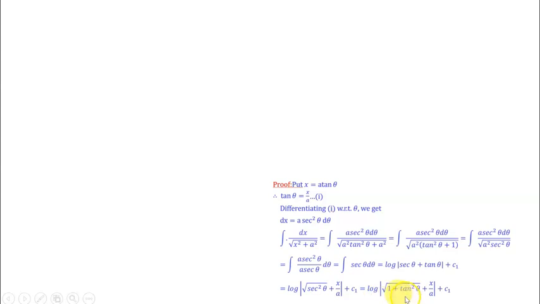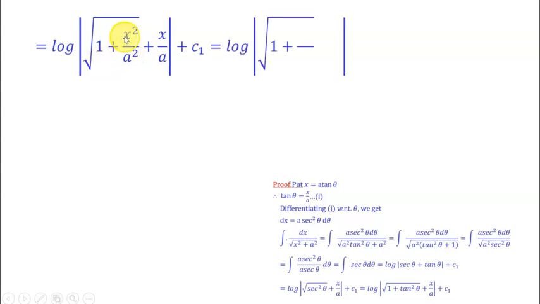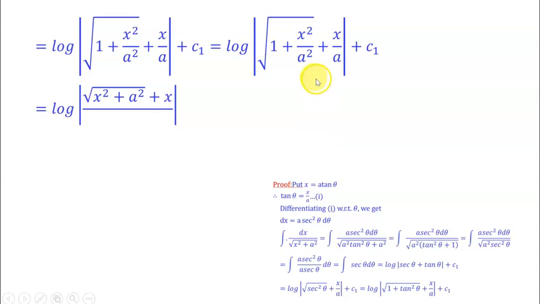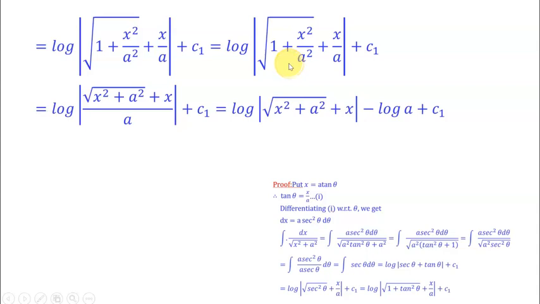We get log of mod of root of 1 plus x square upon a square, plus x upon a, plus c1. After simplification, that is log of root of x square plus a square upon a, plus x upon a, plus c1.